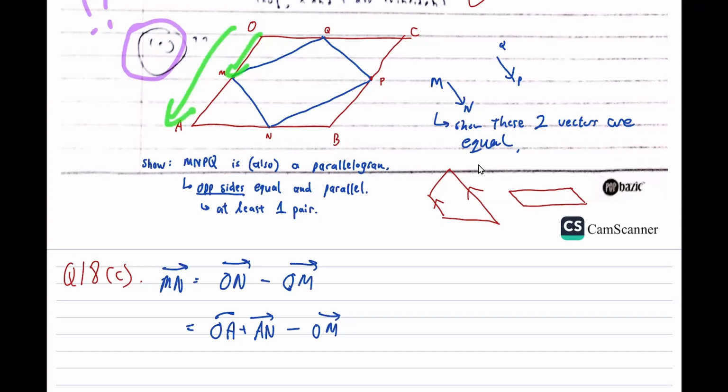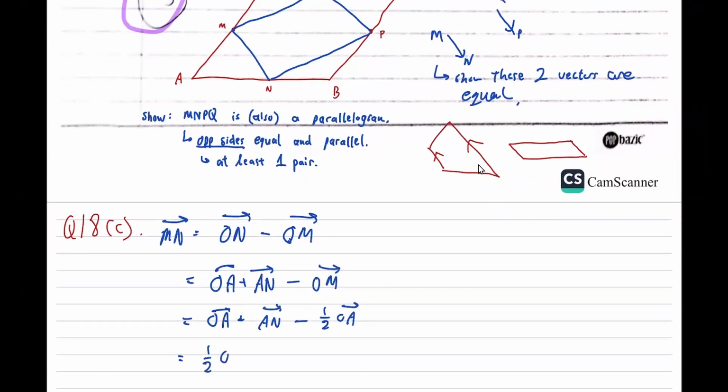Can you make a guess? Half of OA. Very good, it's half of OA. So we can rewrite it as OA plus AN minus half of OA. OA minus half OA, you're left with just half OA.